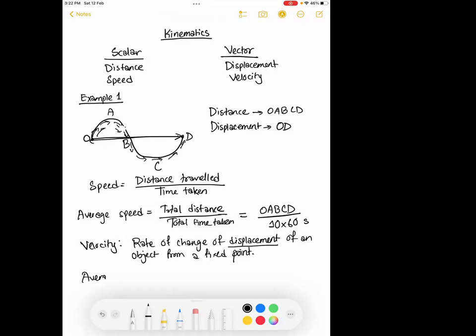So if you want to write average velocity, then it is the resultant displacement from a fixed point divided by the total time taken.